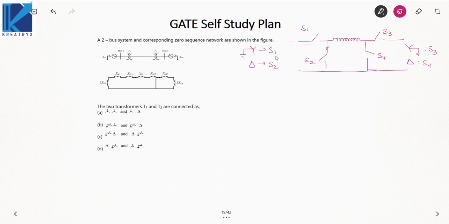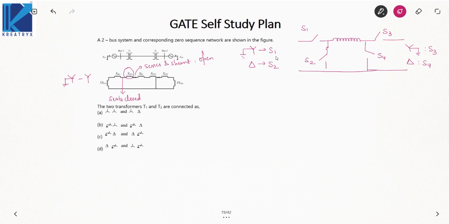Now it has given us the equivalent circuit. It is asking us the connection, that is the reverse. See, this is the transformer reactance. If you see here, series is closed, here series and shunt both are open. If series is closed, it is simply star grounded. If series as well as shunt are opened, it is star.